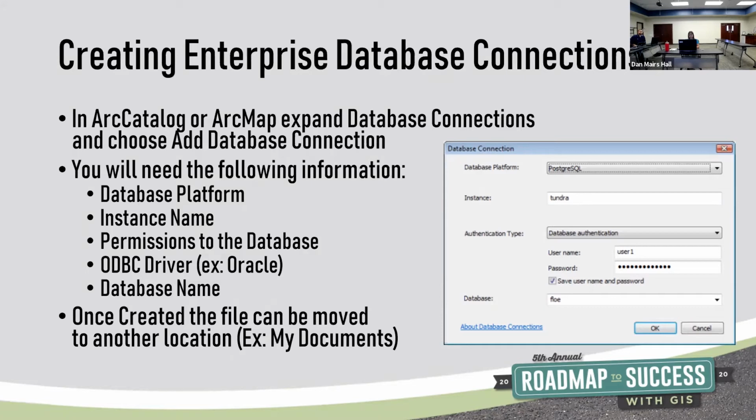And then if you don't have the driver on your machine, you're going to need the ODBC driver to be able to access that. And for ArcGIS Desktop to access a driver, it needs to be 32-bit because ArcGIS Desktop is a 32-bit software. And then you need the database name.